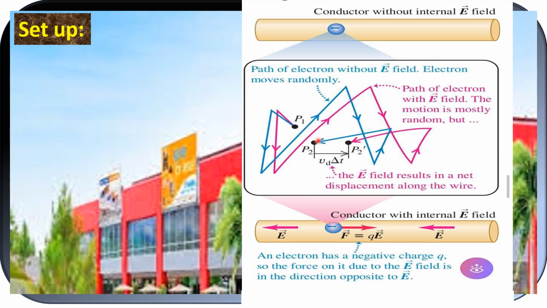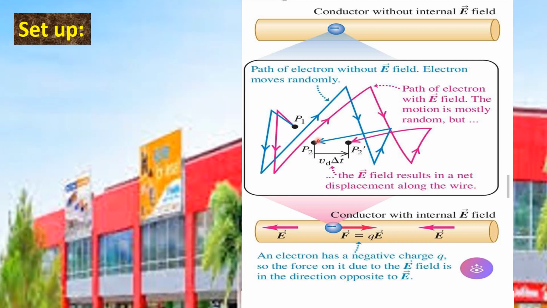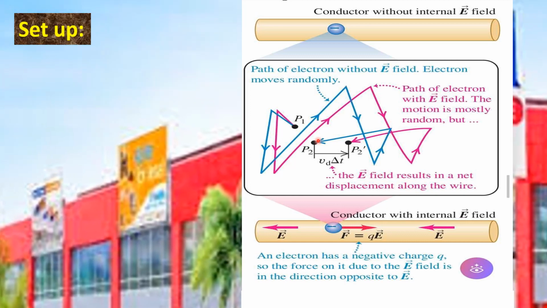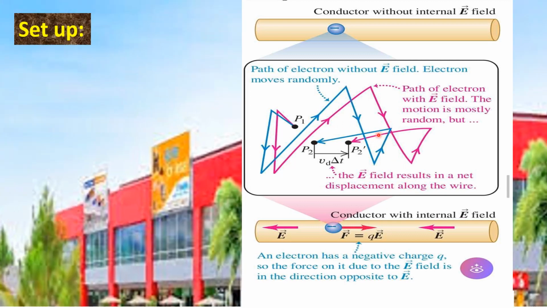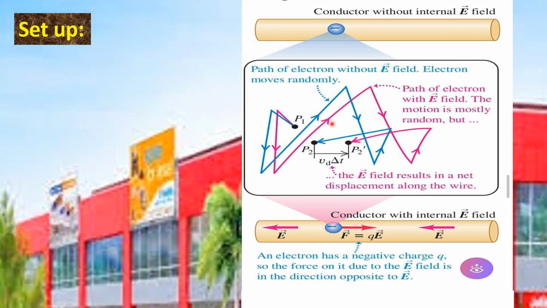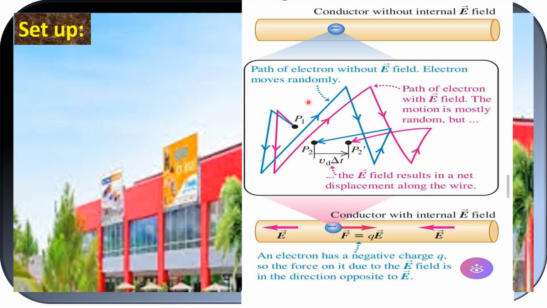So this random motion of each and every free electron in the conducting wire when there is no electric field yet is at such a large speed.